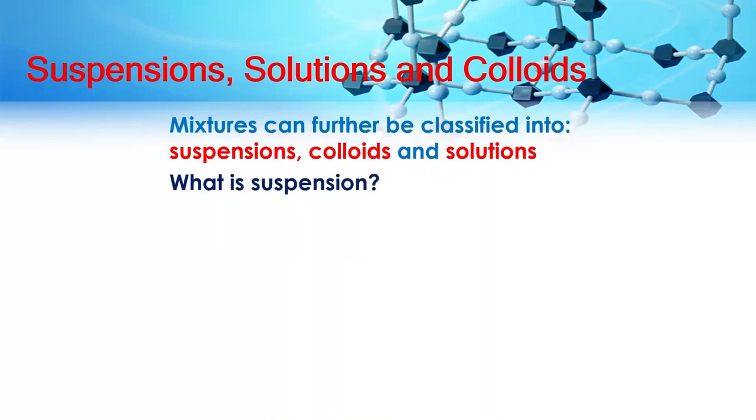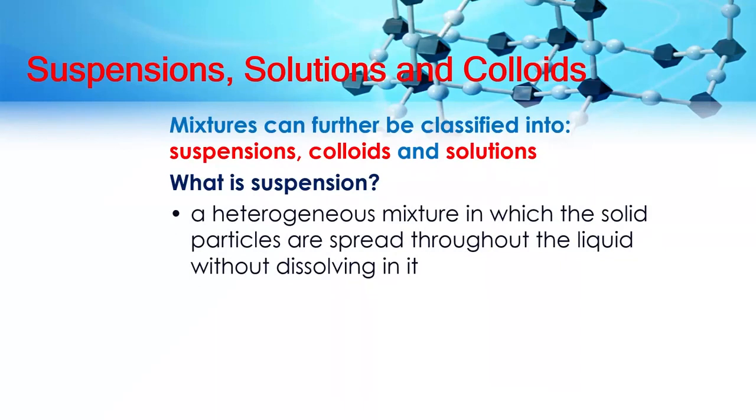What is the difference between suspension, colloid, and solution? What is suspension? Suspension is a heterogeneous mixture in which the solid particles are spread throughout the liquid without dissolving in it. If there are some solid particles remaining undissolved, suspended in a solvent, that kind of mixture is what you call suspension.